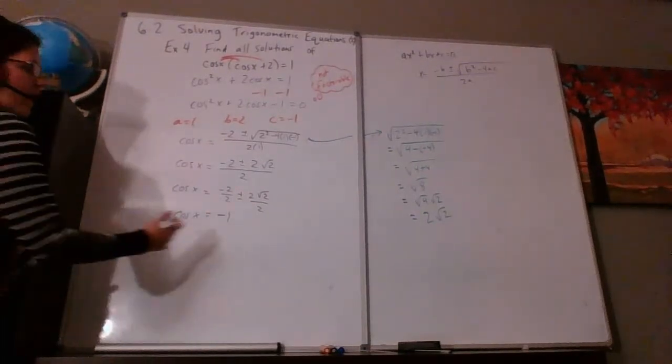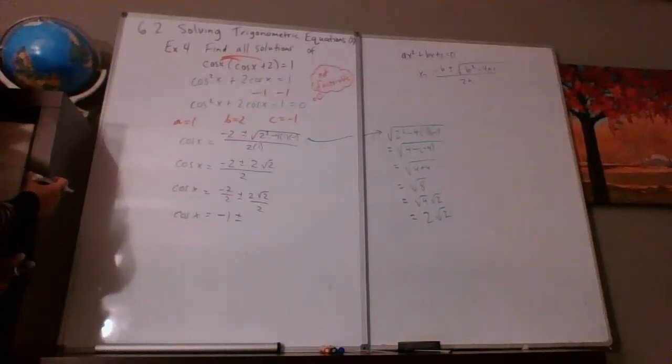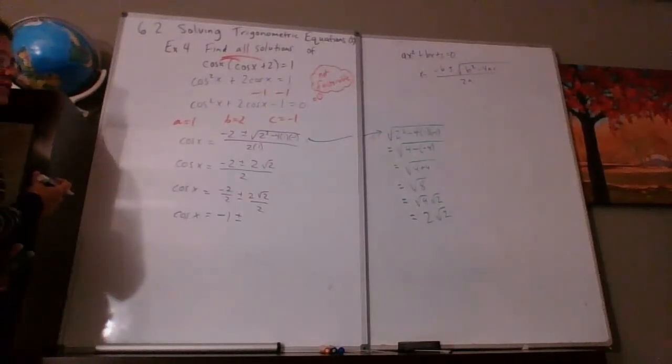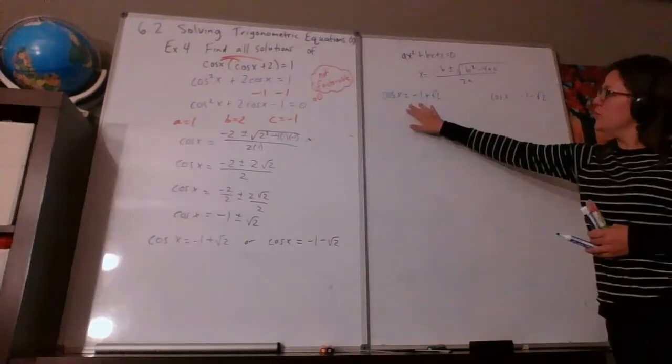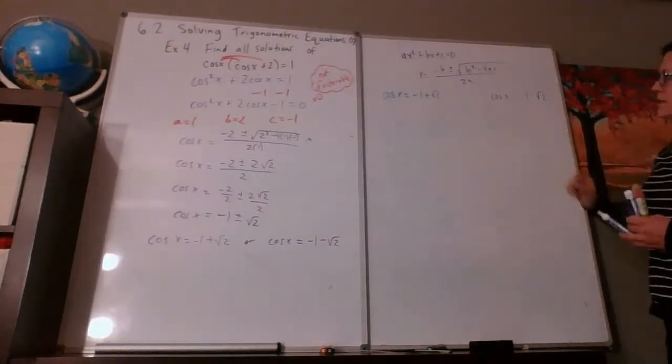We bring down the plus or minus, and 2 rad 2 divided by 2 gives us just rad 2. So we get cosine x equals -1 plus rad 2, or cosine x equals -1 minus rad 2. I just move those two over to the right.